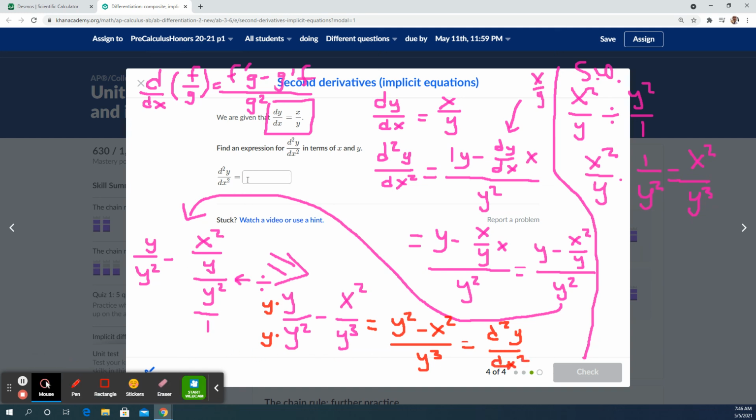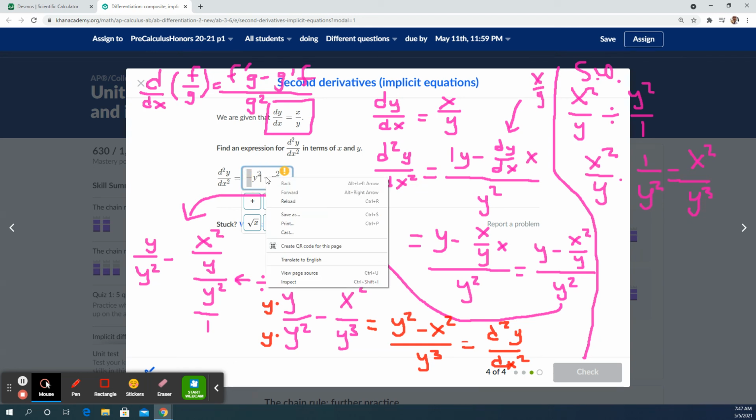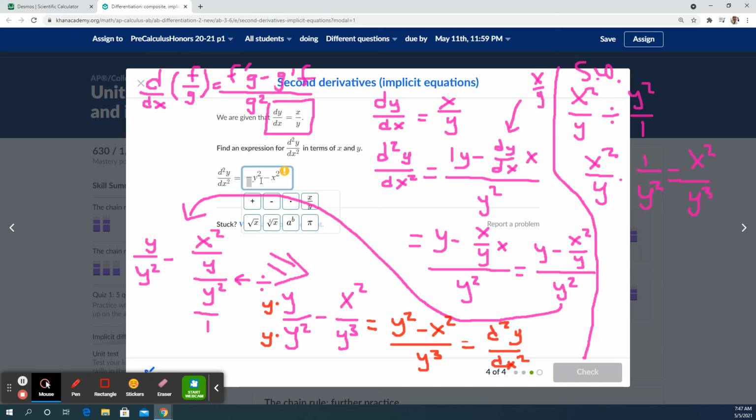Let's see how we did. So the trick here is substituting in what dy/dx is equal to, to get that out of the equation. So I got y squared minus x squared, all over, let's see, how do I want to do this? No, it doesn't like that, does it?